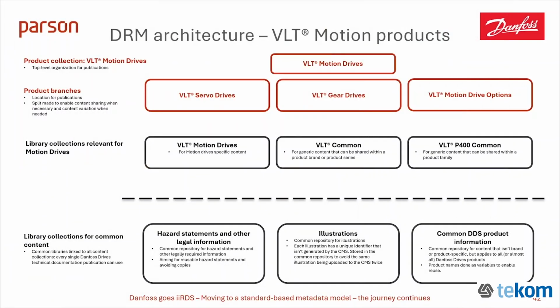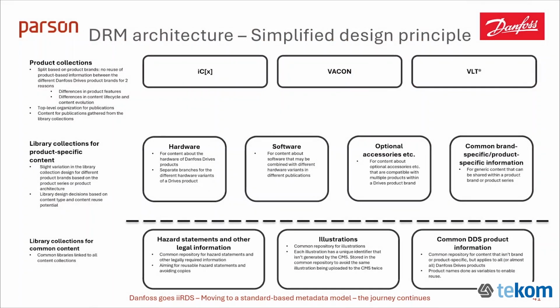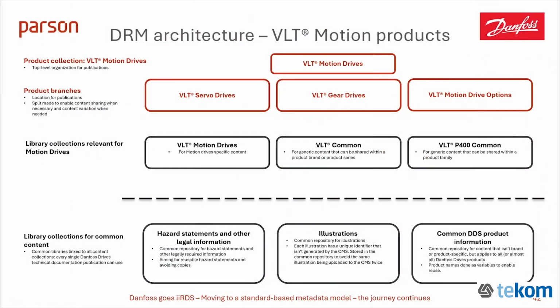And just an example how that would look for this motion product portfolio here. So motion drives, then we have through the branching, you remember, I showed you the product store in the beginning. This is kind of how it breaks down here. And these are the two that we are using as well for profiling, right, where the products then sit. And for each of them there are library connections, same principle as I just showed, just specific to how it looks.